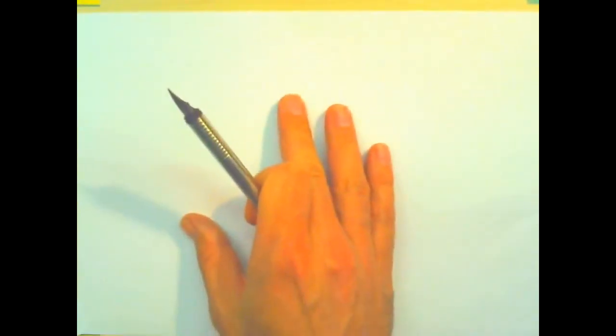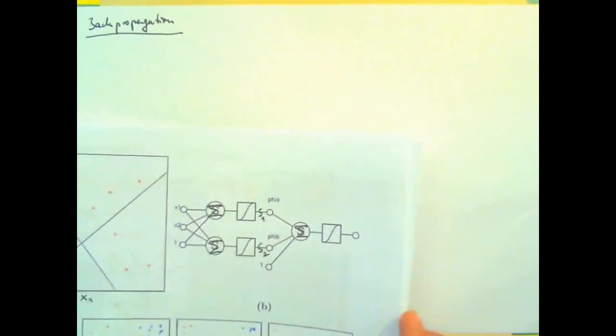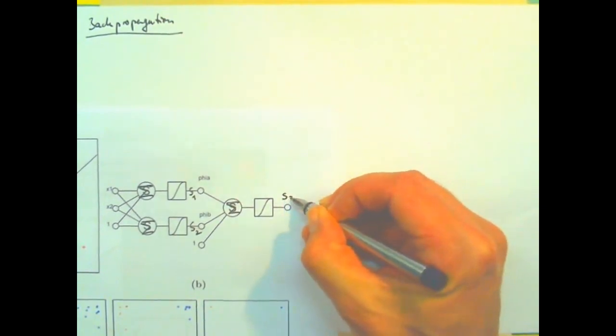Whole books have been written about it, but there's not so much to say, really, omitting all the fine details. So training is by backpropagation. Let's look at this diagram here again, and let's call this thing here S3.